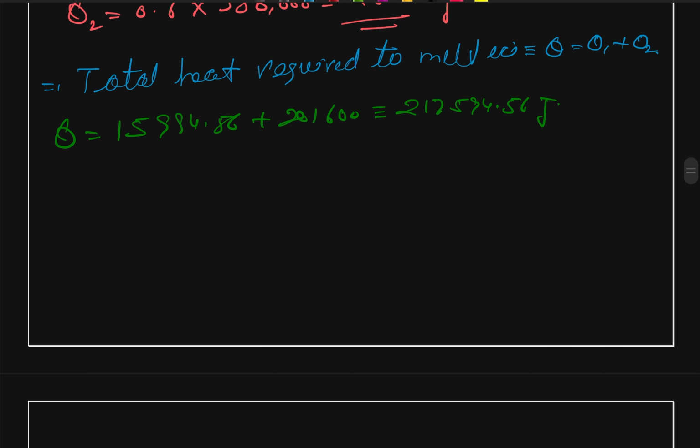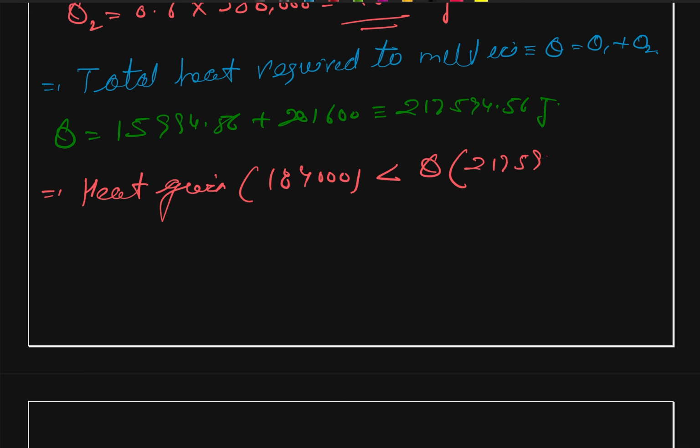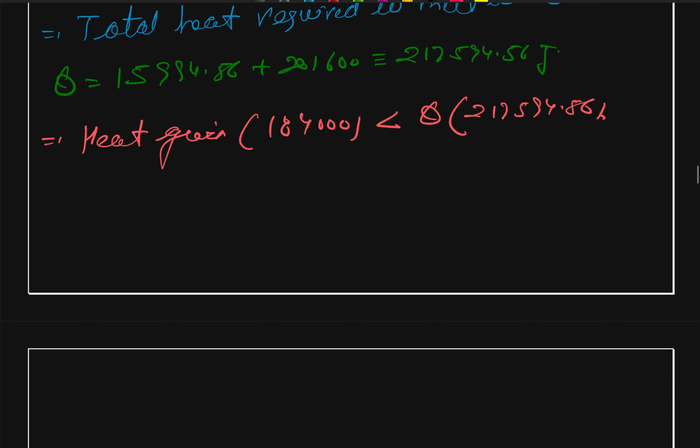Okay. Therefore, we can say that our heat given, which is our 184,000, is less than our Q, which is heat required, that is 217,594.56. So from here we can say not all ice melts. So ice doesn't melt completely.